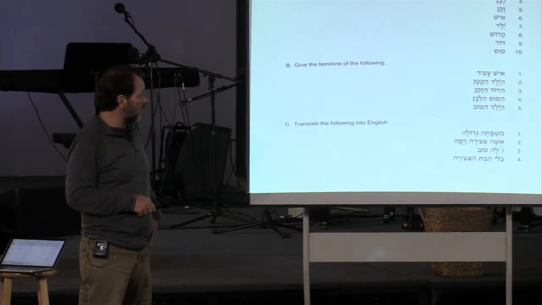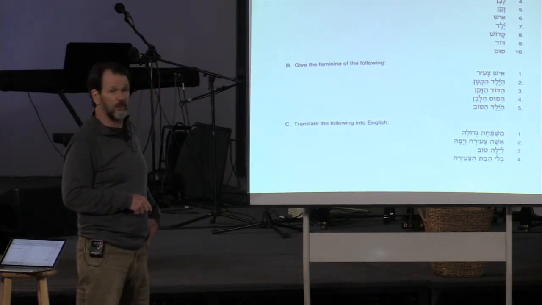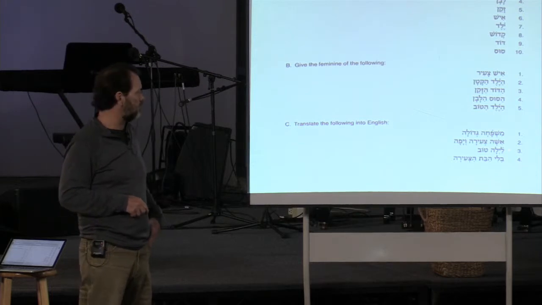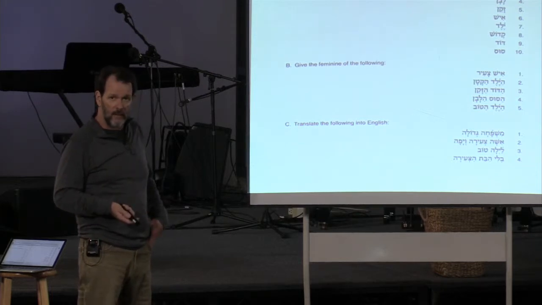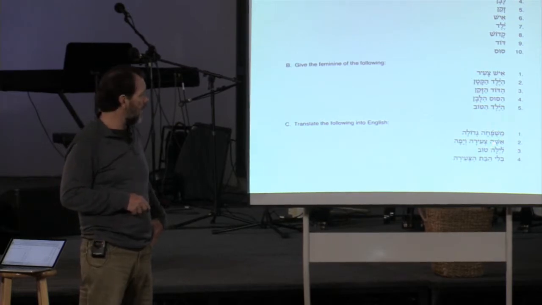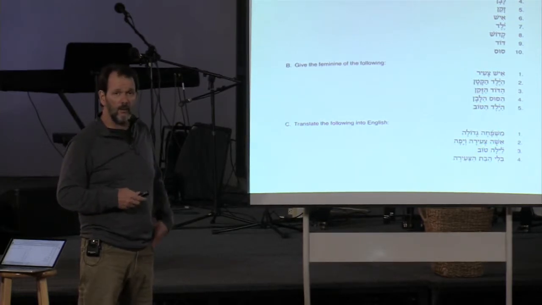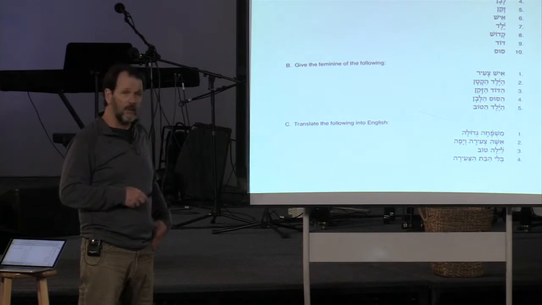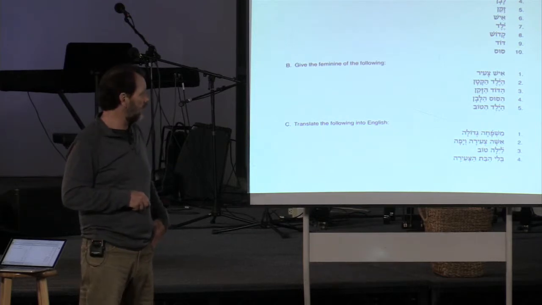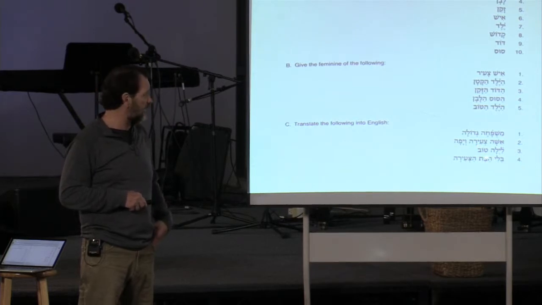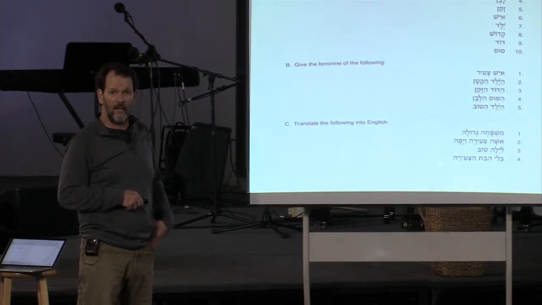And so here, what are we looking at? Let's just break it all out when you want to do your translation. Isha, what is that? Wife or woman, right? And Zaira, you already know Zair is young. And now we're talking about a woman, so we've got to have the gametz hey. If it was ish, you wouldn't have a gametz hey here, right?